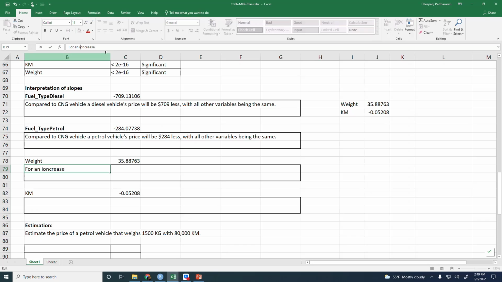For an increase of 1 kg of weight, the price of the car will go up by $35.88 or 89 cents, with all other variables. You have to always add that caveat, all other variables being the same.